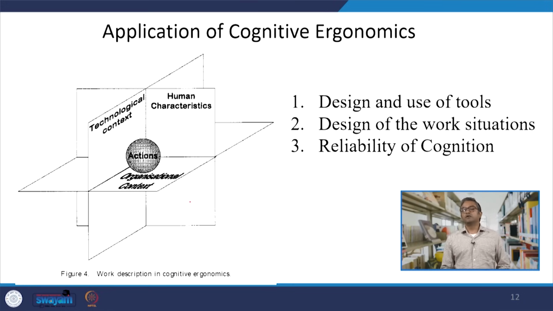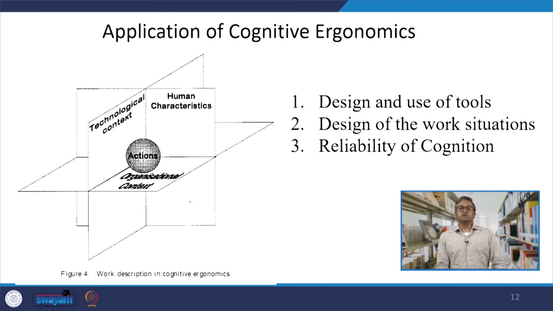A pilot relies on the cognition of the machine when he sets the system on autopilot. 300 passengers in a train rely on the cognition of the driver. The train driver relies on the cognition of the automated system. So, cognitive ergonomics is trying to unfold these layers of human cognition and highlight the reliability of human cognition.